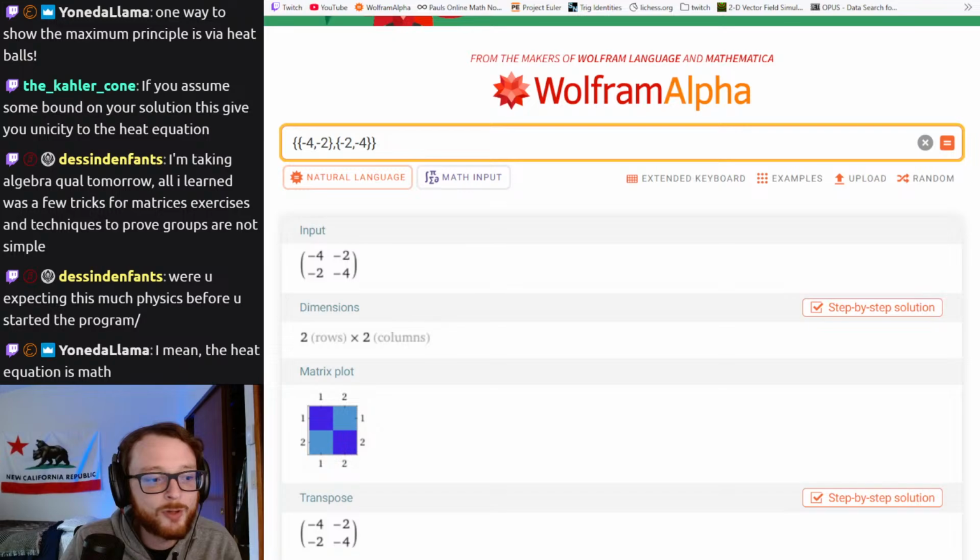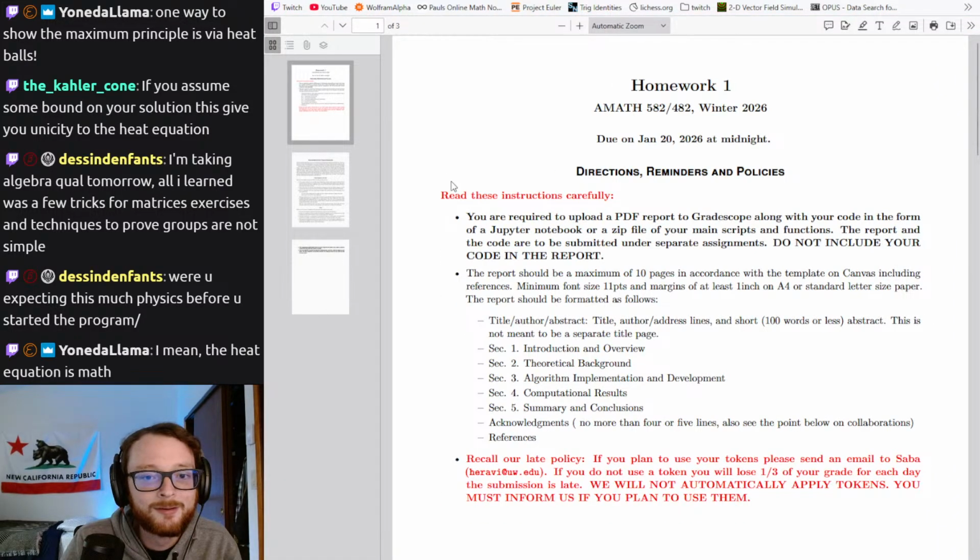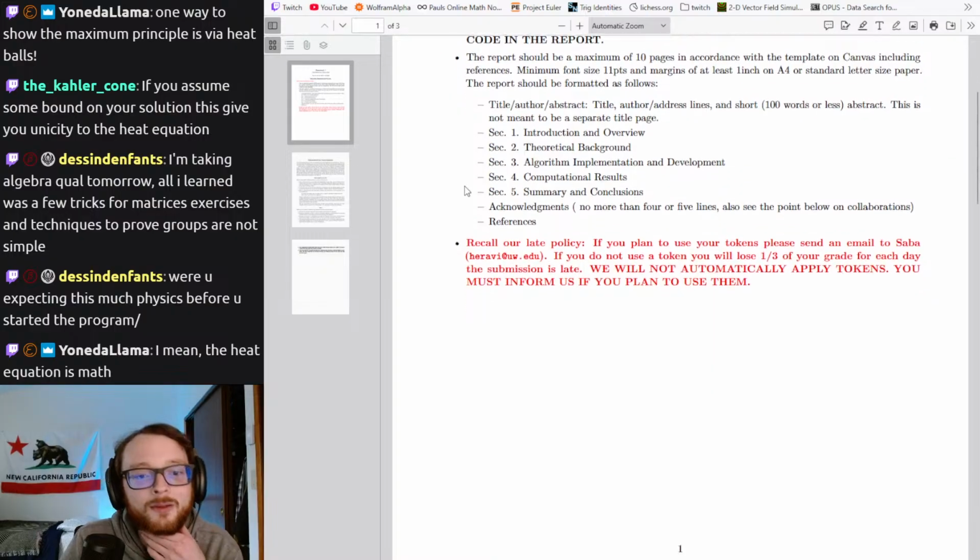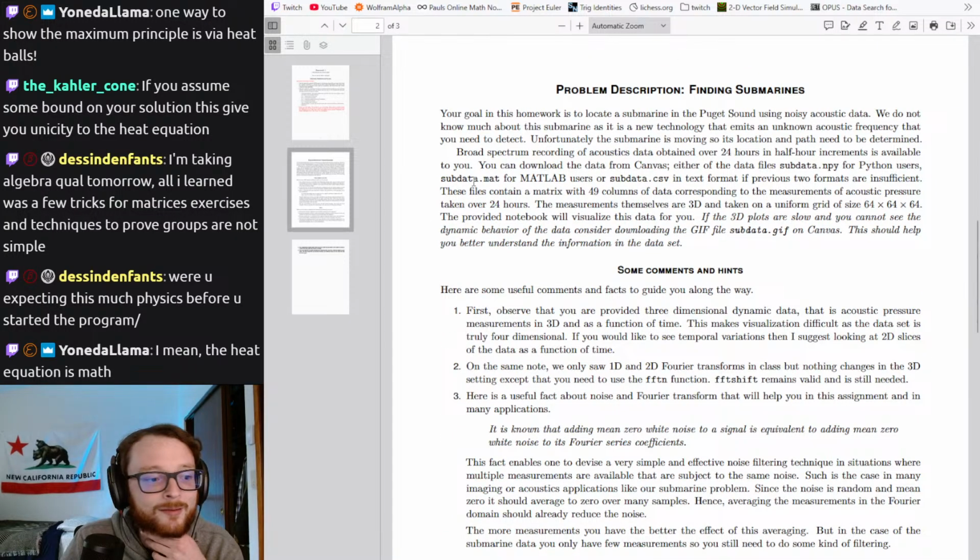I do want to show off this one homework assignment because I think it's actually really fun. This is for my scientific computing with data class, and we're learning how to denoise data. I think it's generated data, not real data.